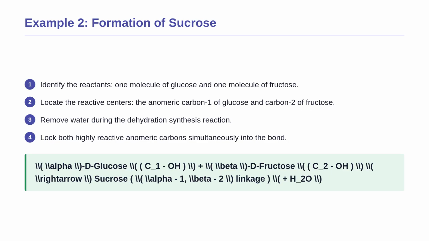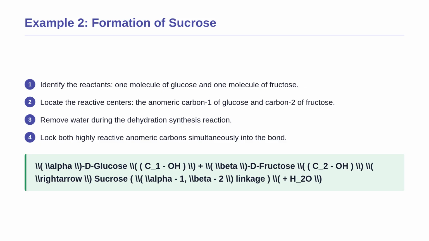Now that we have successfully built maltose, let us look at a second scenario, the formation of ordinary table sugar, known as sucrose. This time, we are given two entirely different monosaccharides, one molecule of glucose and one molecule of fructose. We must carefully examine their anomeric carbons.